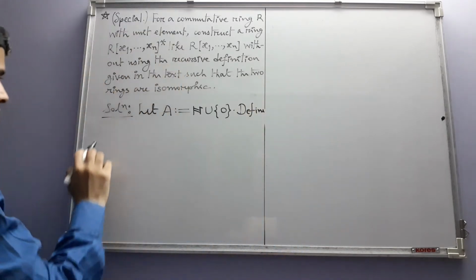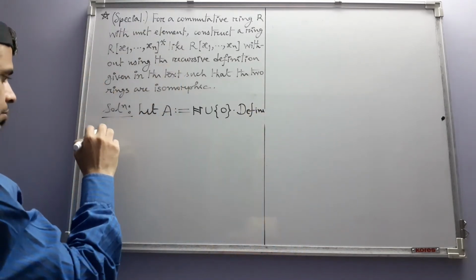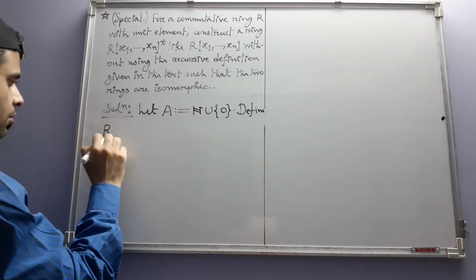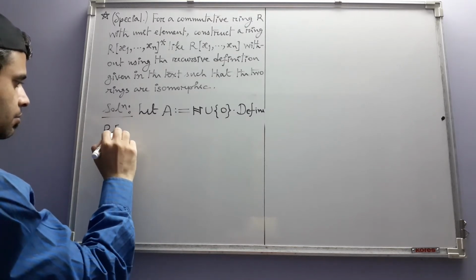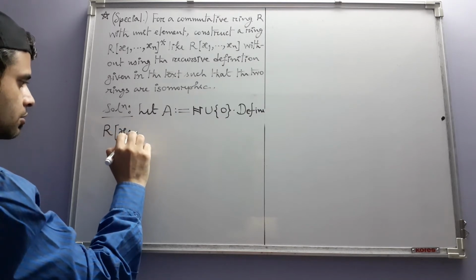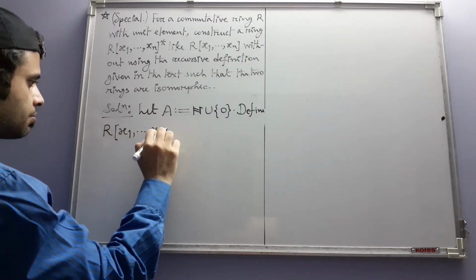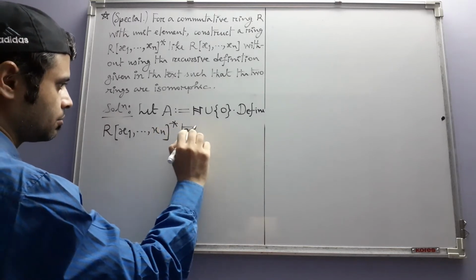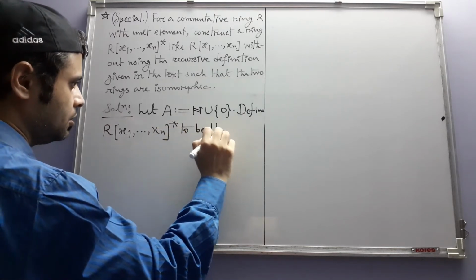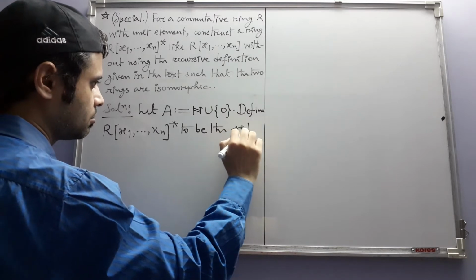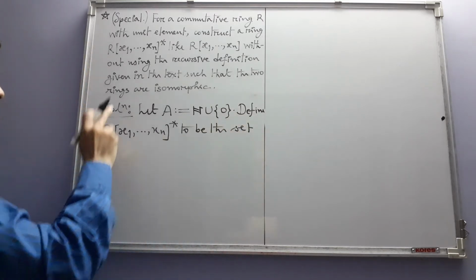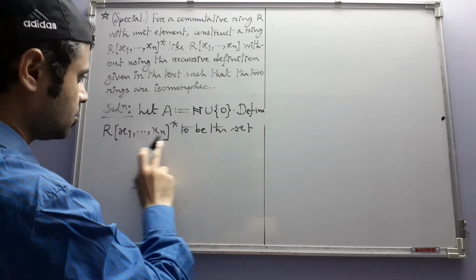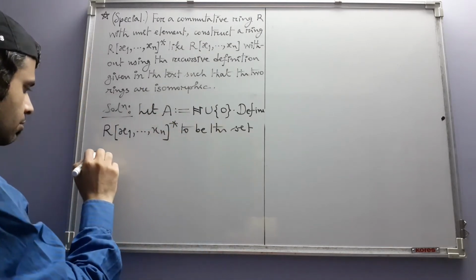Define R[x1, x2, etc. to xn]star to be the set of all formal symbols that look like this. R is already known. Okay, R is some commutative ring with unit element, that is given.